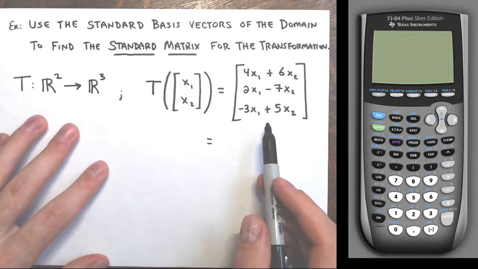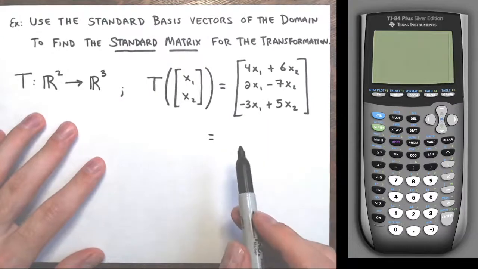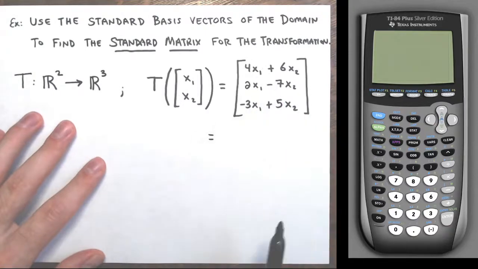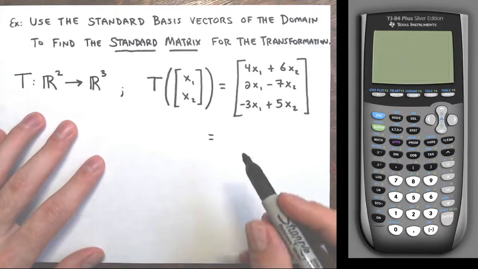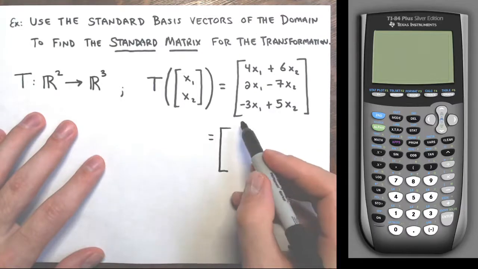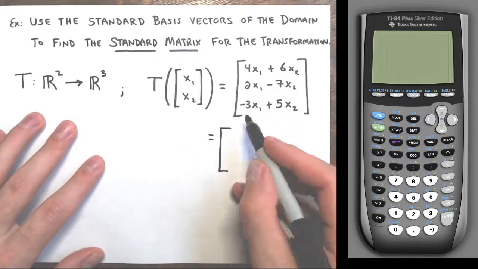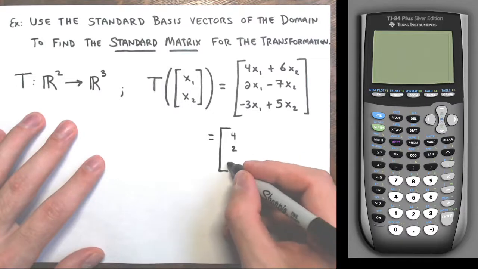I showed you last time that this is very easy if you recognize this as a linear transformation just by staring at it, seeing that all the terms have a single variable factor to the first power. Then I can very easily write this as a 3x2 matrix where down the first column I put the coefficients of x1: 4 in the first component, 2 in the second, negative 3 in the third.